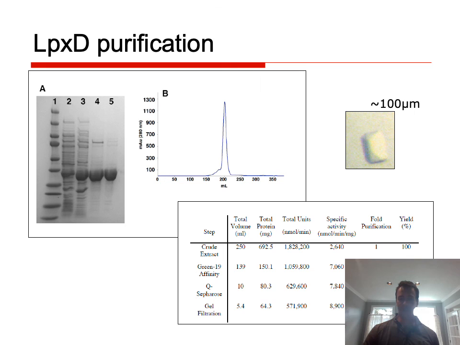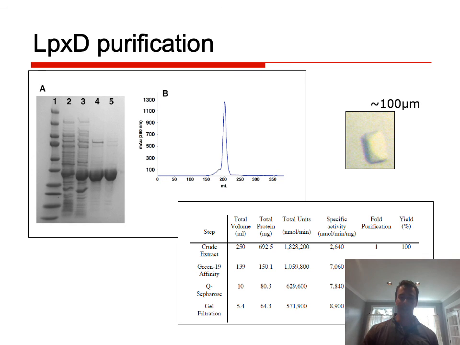You can also follow specific activity. We have an assay where we can look at the specific activity of a protein preparation. For example, in the crude prep, you get a specific activity in nanomoles of substrate turnover per minute per milligram of protein. As you purify your protein, your specific activity should go up because more of your protein mixture is your pure protein.